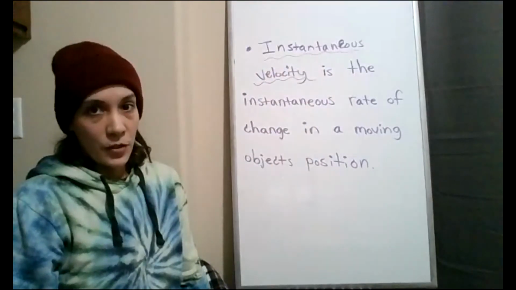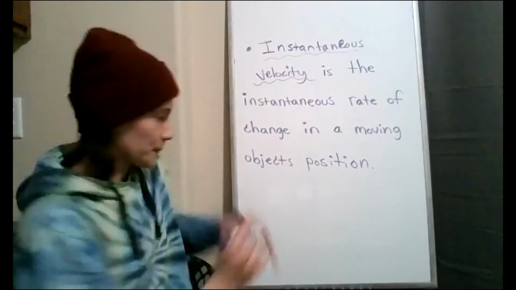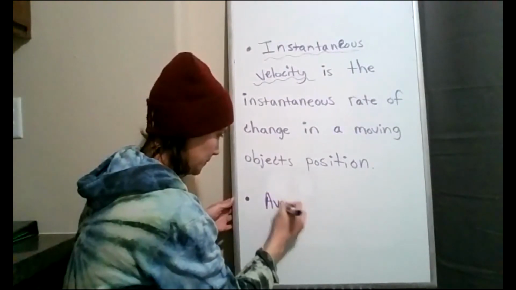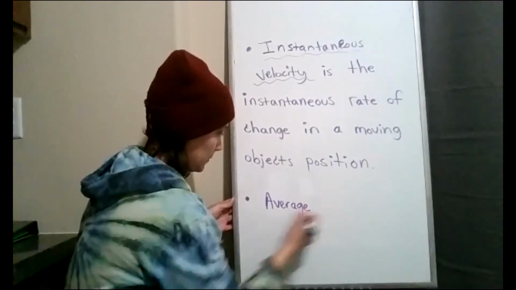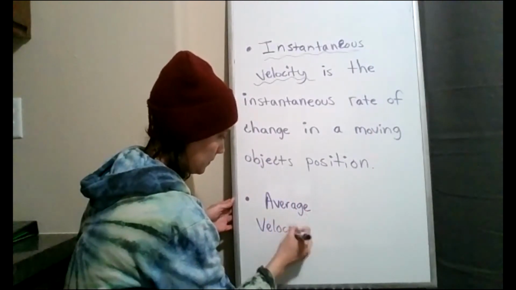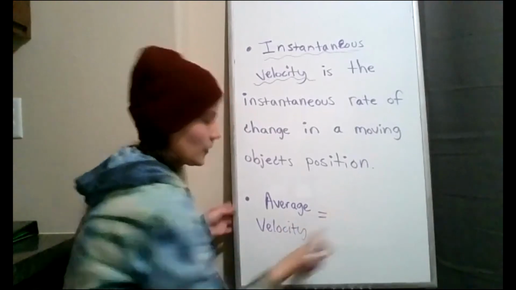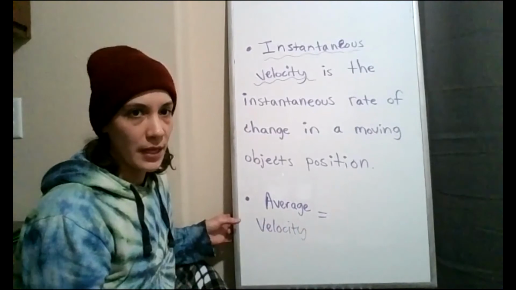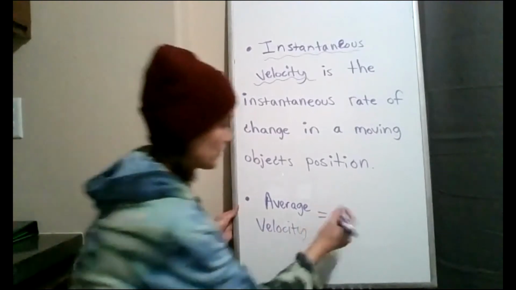Okay, average velocity is the change in position divided by the change in time.